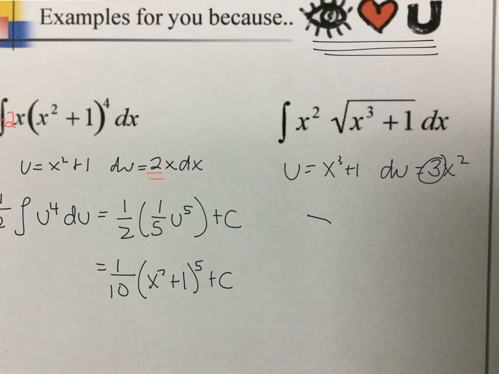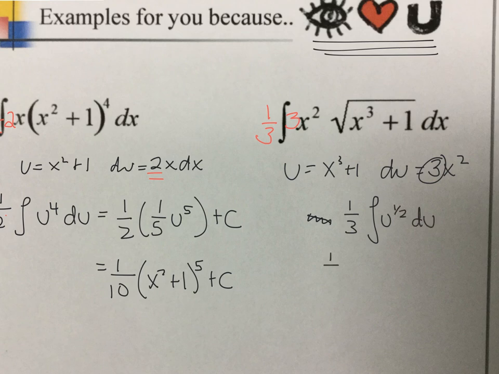So I'm going to add that 3 in here because I want it to be there, and I'm going to multiply by 1/3 here. So now I say, I'm going to rewrite it with my u's. I can't get rid of that. So I'm going to say that is 1/3 integral of u to the 1/2 du.